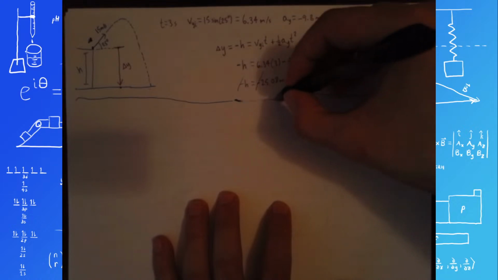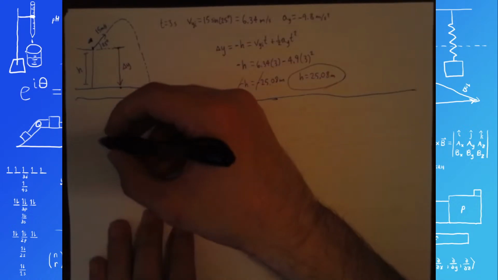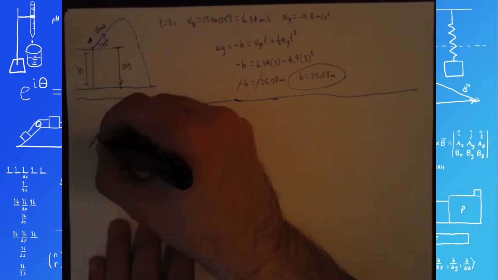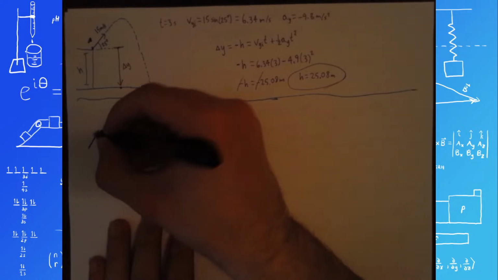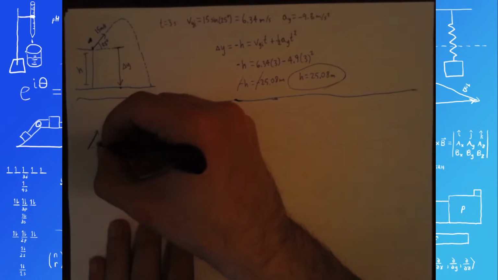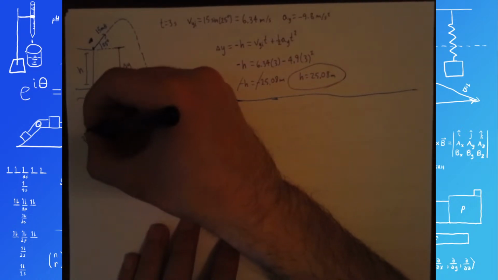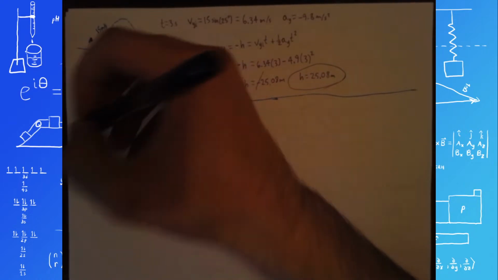Let's draw it out. So we have a 53-degree angle, so pretty high up. Something like this, 53 degrees. And they said it was kicked at 20 meters per second.